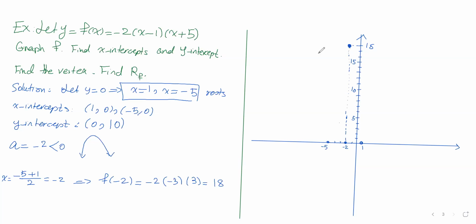And what else do I need? Yes, I also have 0 and 10, which is here. So you're almost done. It's a parabola opening down. So let's do it. Help me, please. It's so hard to do. It's very narrow, so that's why it's hard.